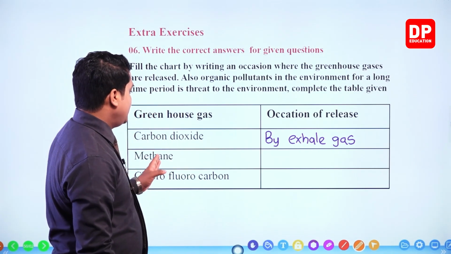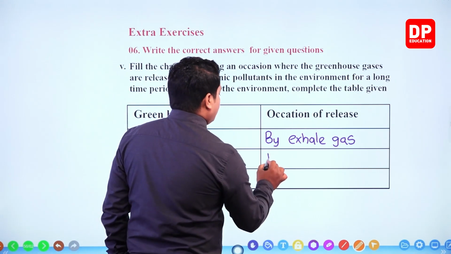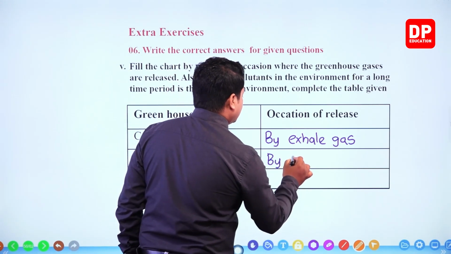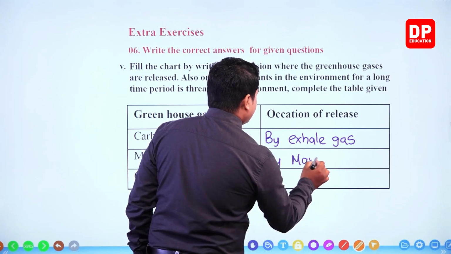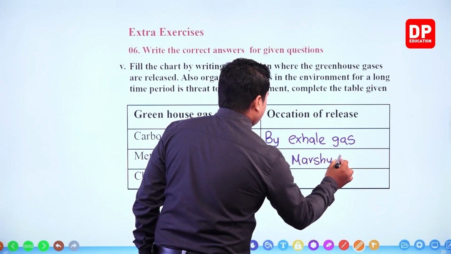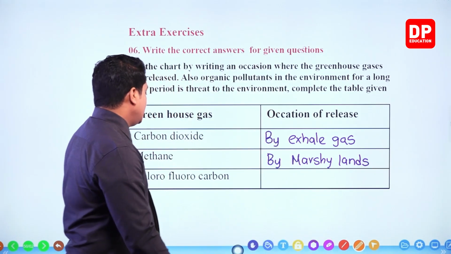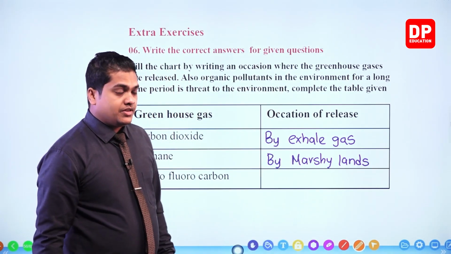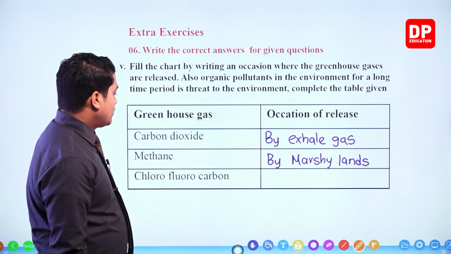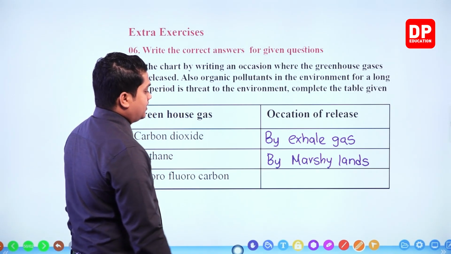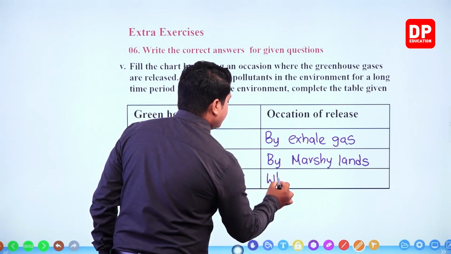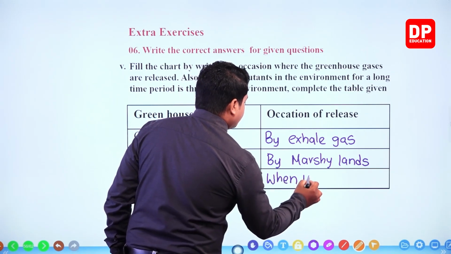Next one, methane. By marshy lands. By marshy lands, definitely methane is going to be emitted. Next one, chlorofluorocarbon. When used in perfumes, like I said, can you remember?